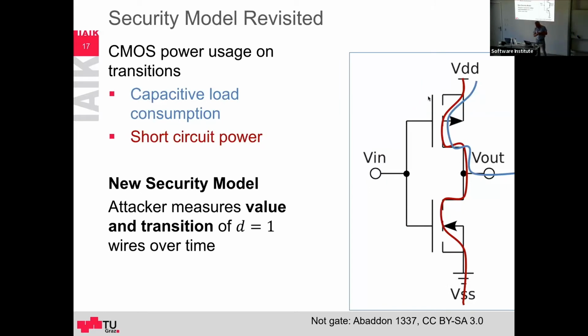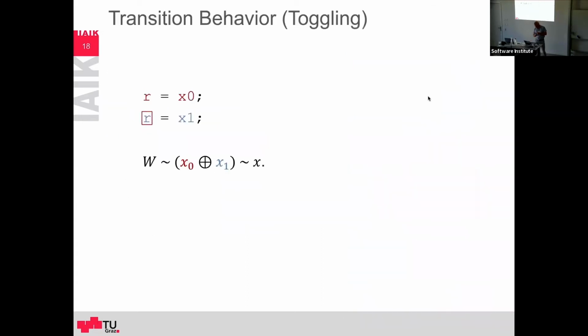And that causes new attacks, right? Here's one. This is now more like software notation. If I have a wire in a circuit that is first assigned x0, and then I assign x1, then the power usage depends on whether x0 and x1 are the same. If they're the same, power usage is 0.